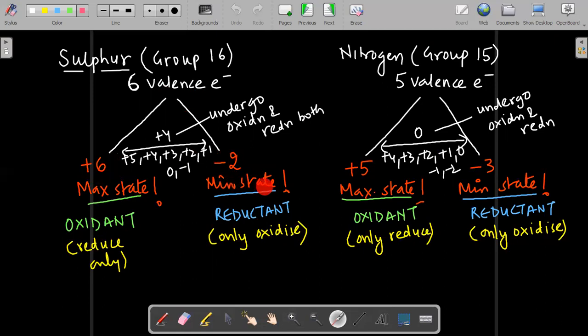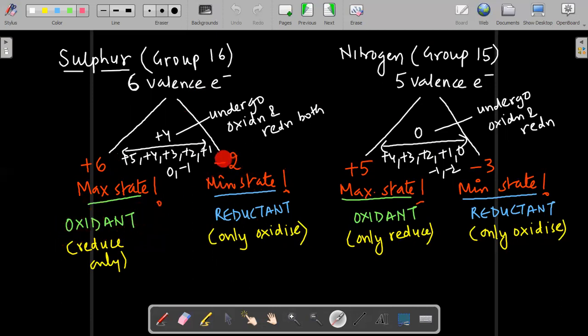Now this maximum and minimum state can be calculated for each and every element. And one thing to note here is, जो species हमेशा max state में होता है, कोई भी आपके molecule में, if the sulfur is present as +6 in the maximum state, that molecule can only and only act as oxidant.